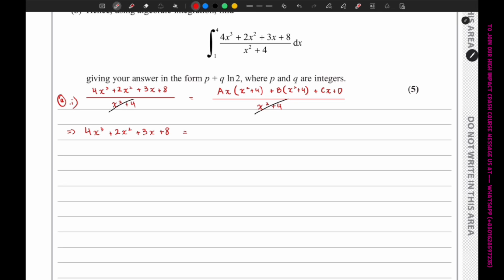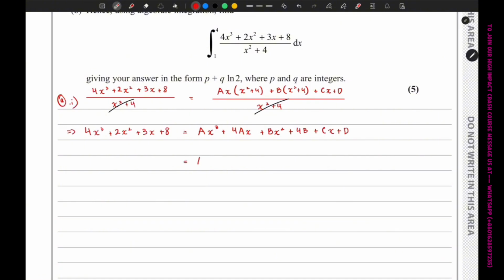So now let's just expand this, so this becomes ax cubed and 4ax, and this becomes bx squared plus 4b plus cx plus d.